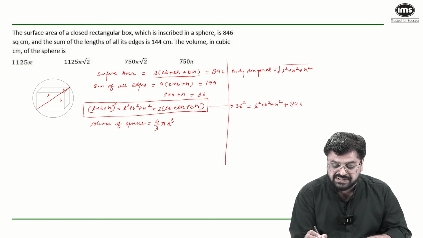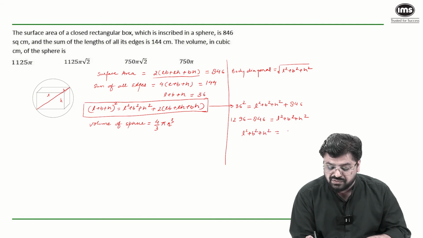So let's write it here. 36 square is 1296, and this will be 1296 minus 846 equal to L square plus B square plus H square, or L square plus B square plus H square is equal to 450.